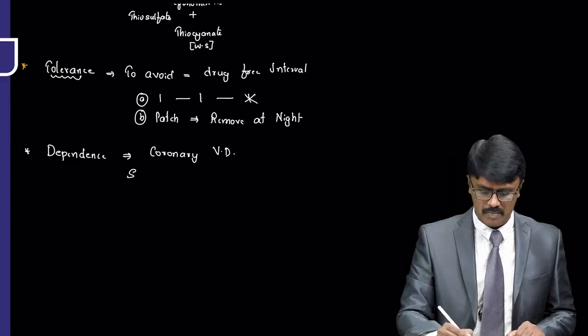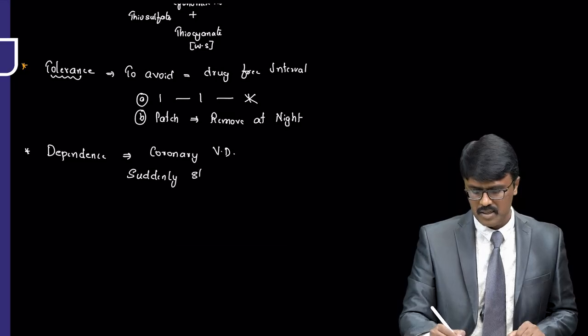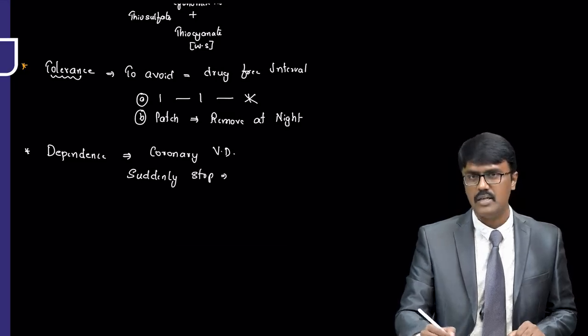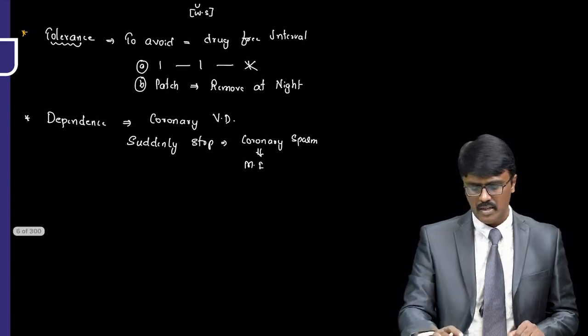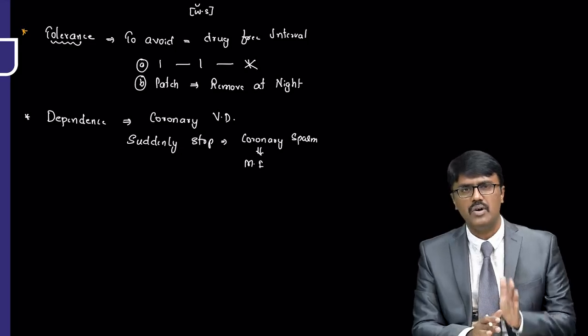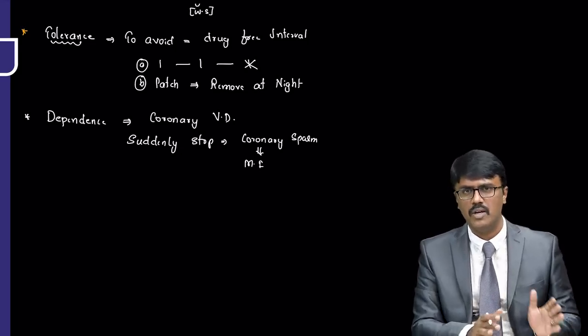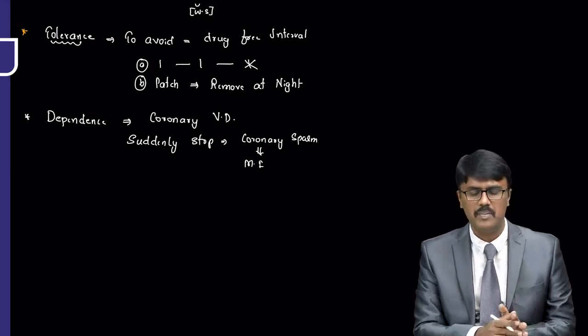But when you suddenly stop nitrate, there is a chance of coronary spasm, and the patient may end up with MI in the casualty. So the message here is, when a patient is on long-term nitrate, you should not stop it abruptly. So when you instruct a patient, tell him never stop it abruptly because it may produce dependence.